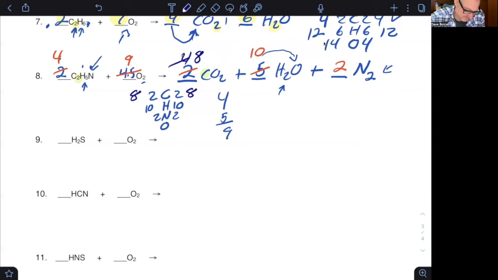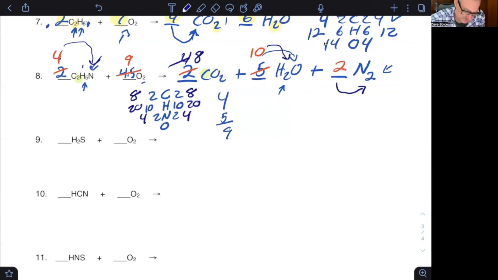Hydrogen, 5 times 4 is 20. So I have 20. And over here, 10 times 2 is also 20. So I have 20 hydrogens. Nitrogen, I've got 4 on this side. And since I added that 2, I also have 4 on both sides.